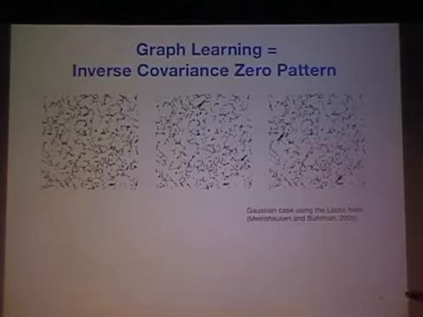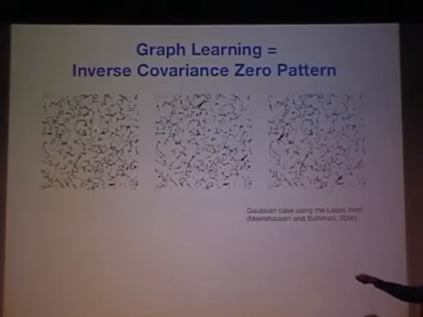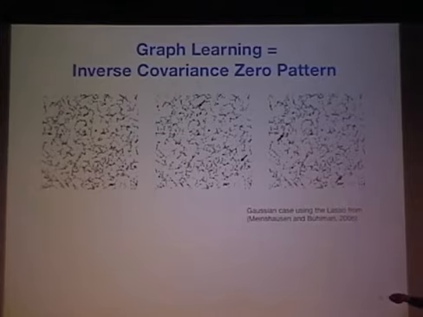So if this is the true graph over here, this is a picture from their paper, we have this sparsity pattern which encodes the independence relations in the Gaussian graphical model. By using L1 regularization, the lasso, where we regress each variable on the others, we're able to uncover a graph that has very few false positives.